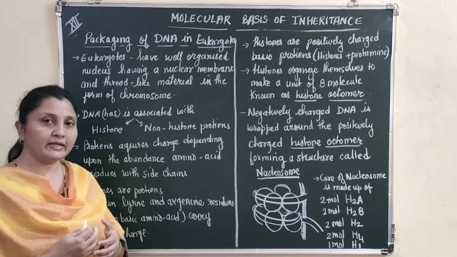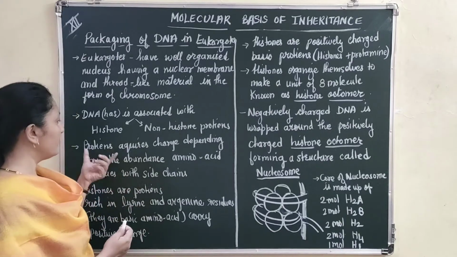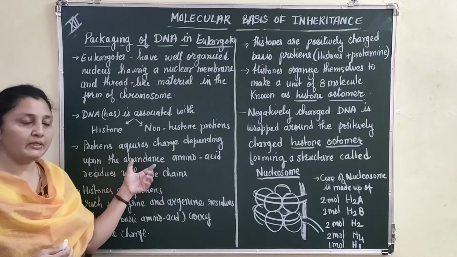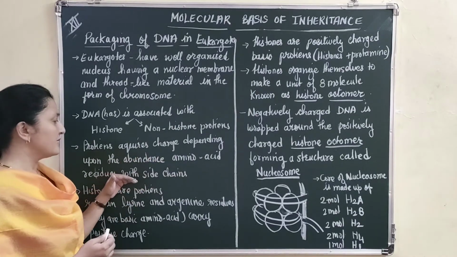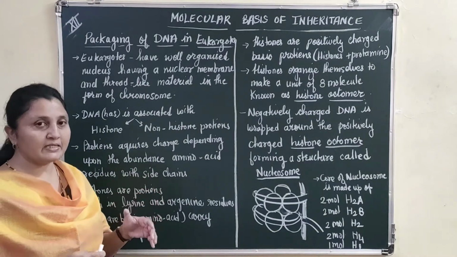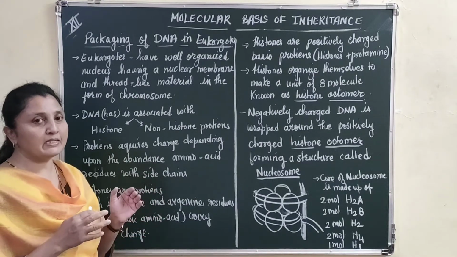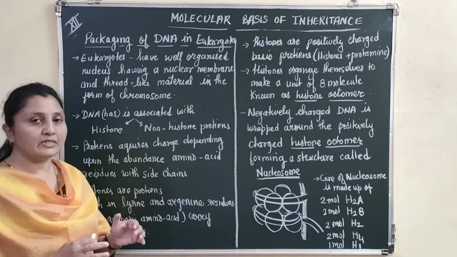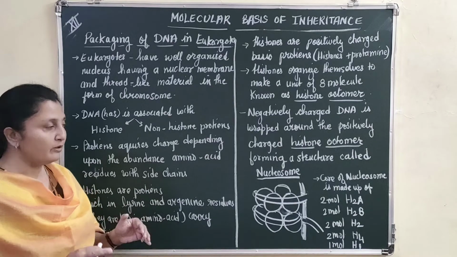And how do they get this charge? Let us find out. The proteins acquire the charge depending upon the abundance of amino acid residues on the side chains. Now the protein is having side chains, and the amino acid residues present on the side chains decide the charge of the protein.